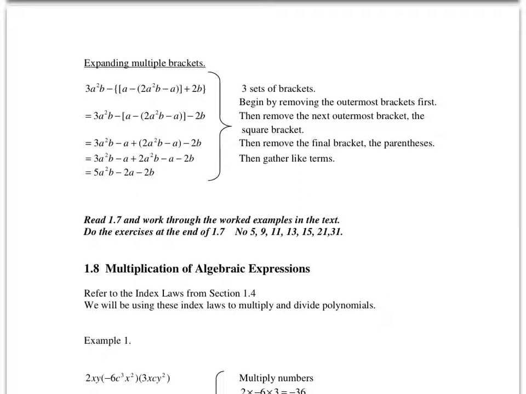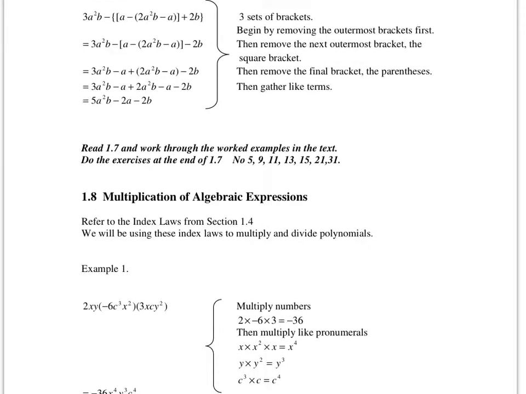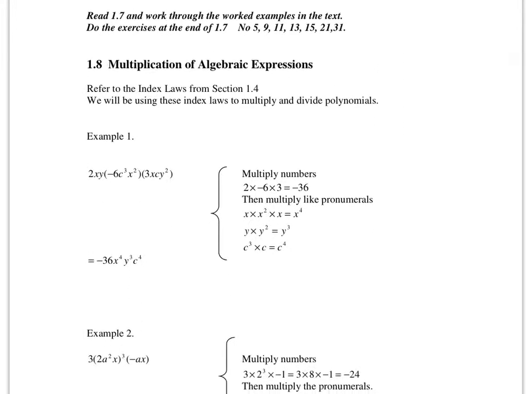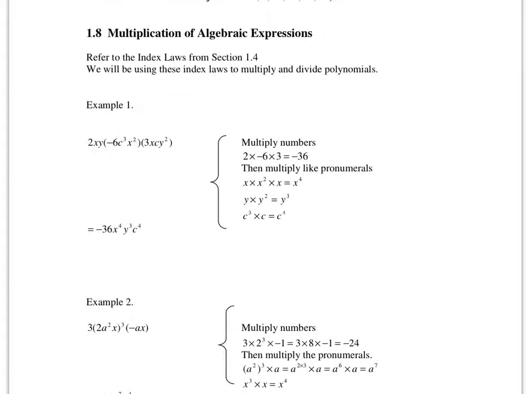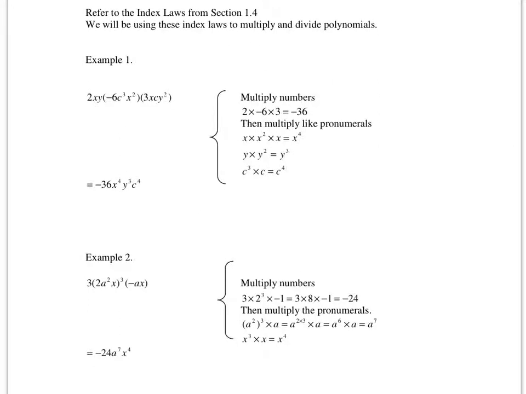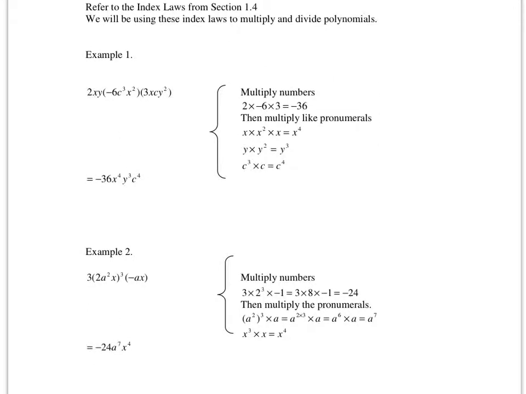So now we're going to move on to the multiplication of algebraic expressions, and this is where we apply the index laws from section 1.4, so from the previous week. So I'll just work through one example on this page, and let's look at the first example.